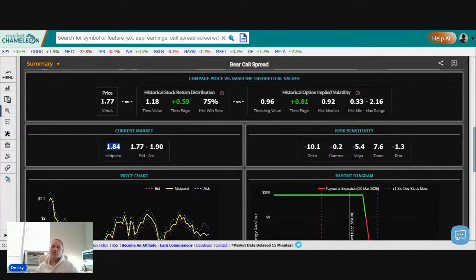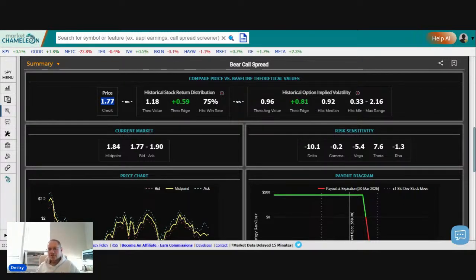So what we're doing here is initially we're evaluating the spread at the lowest price that you could get executed. The worst price you could get an immediate execution based on the displayed bid and offer. Because if the bid is displayed at $1.77, at that moment you could get that price.